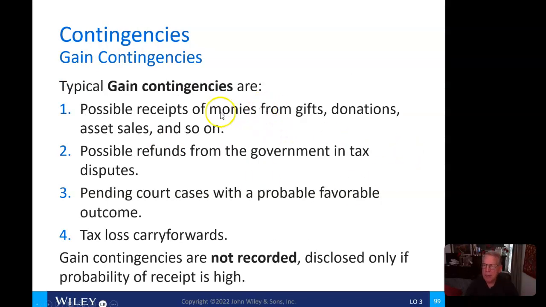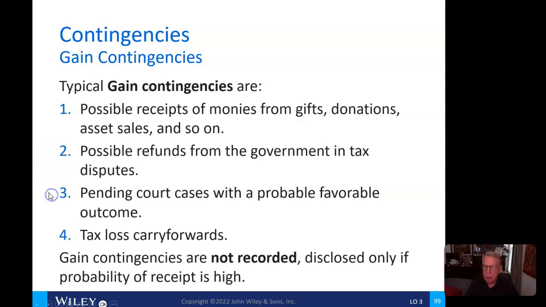All right, gain contingencies here. Typical gain contingencies are: number 1, possible receipts of money from gifts, donations, asset sales, etc. Number 2, possible refunds from government and tax disputes.